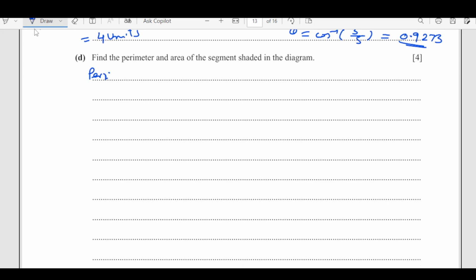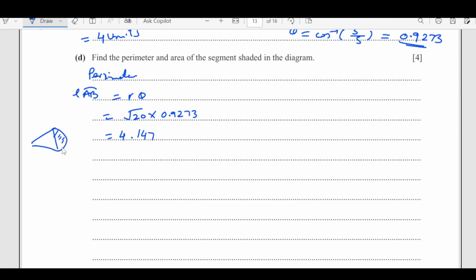The length of the arc AB is going to be r theta. r is square root 20 and theta is 0.9273. Just calculated that one. So this is 4.147.